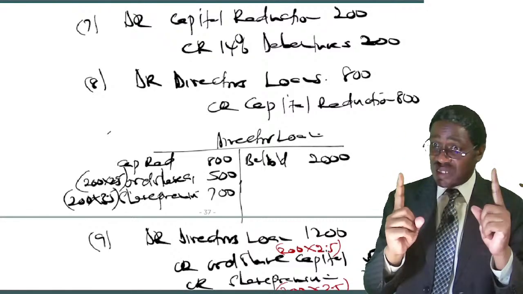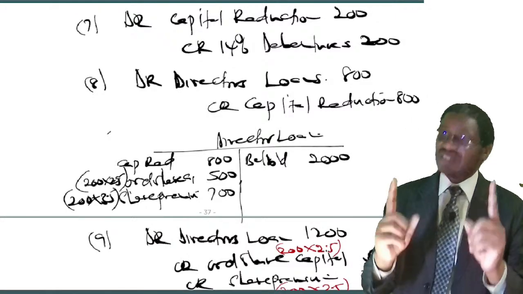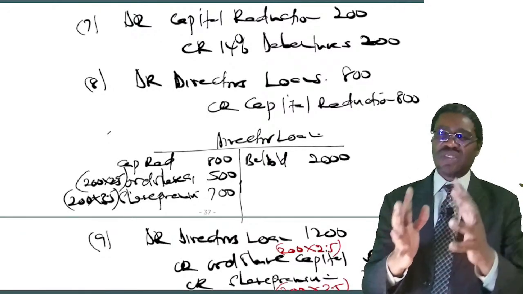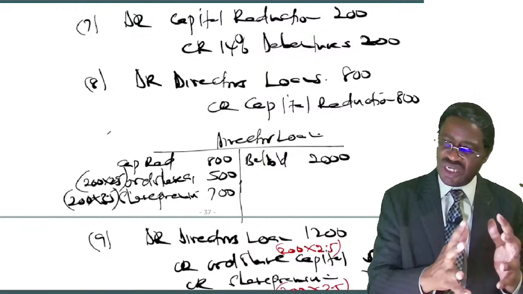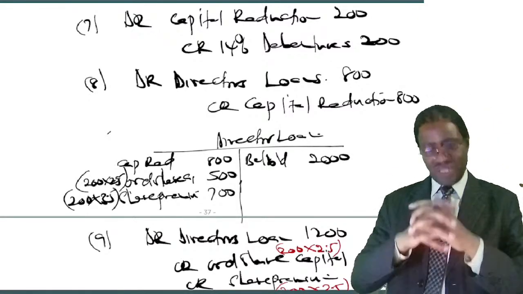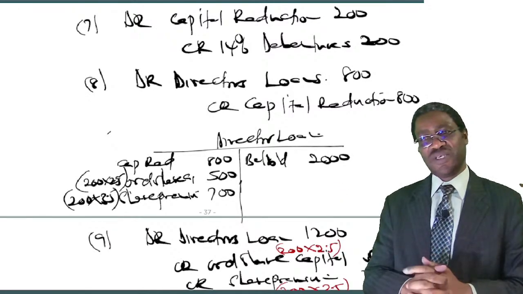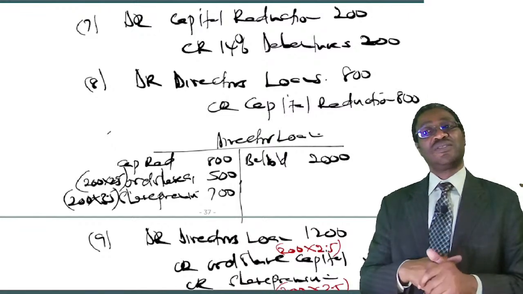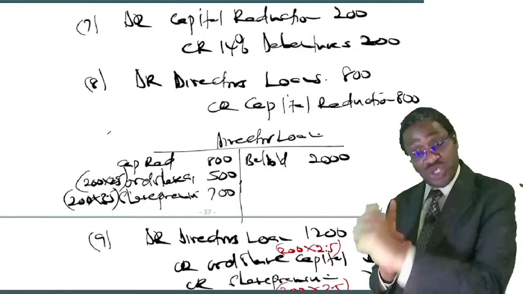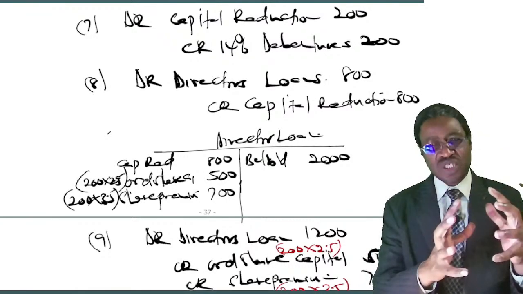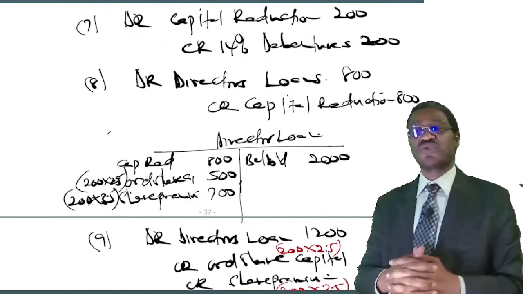The balance was settled by issue of 200,000 shares of 2.5. Then the question stopped there. And they are settling the balance. Which is the balance? 1.2. By issuing 200,000 shares of 2.5.